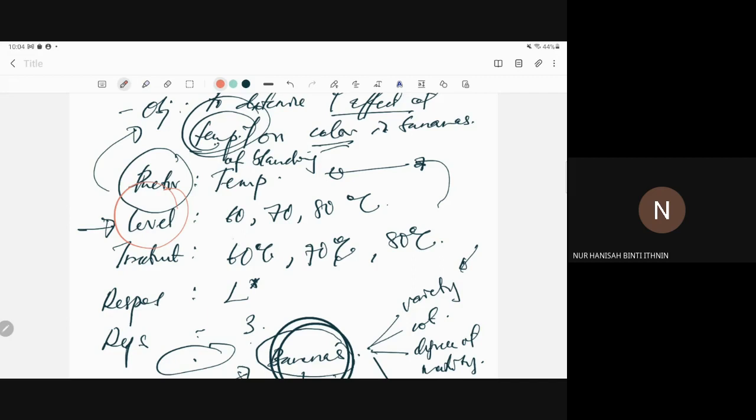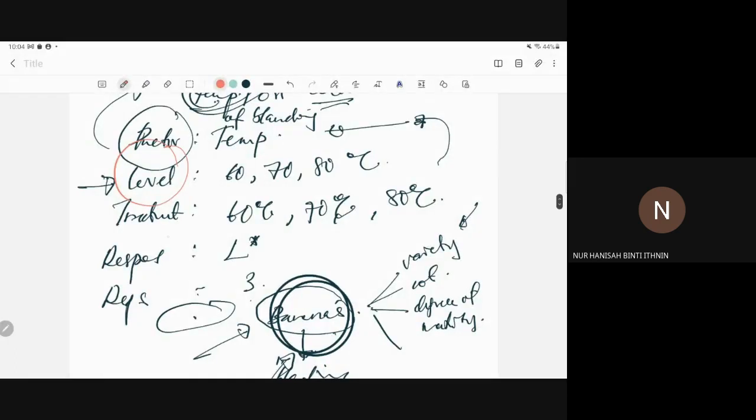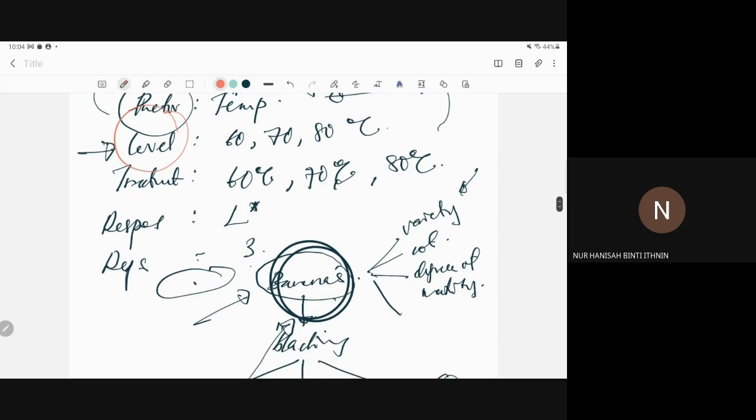We have decided that it is going to be 60, 70, and 80 degrees C. For a one-factor experiment, the levels are the treatments, so the treatments will be 60, 70, and 80 degrees C. For the response, we choose one response, for example the degree of brightness under the CIE color system, that is the L star. How many replications? 3 replications.